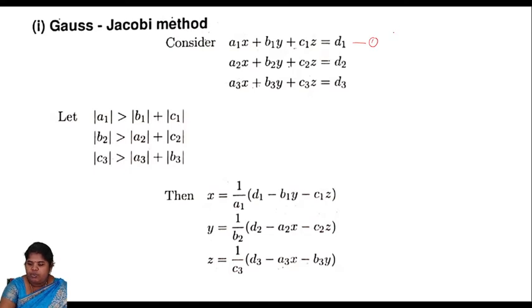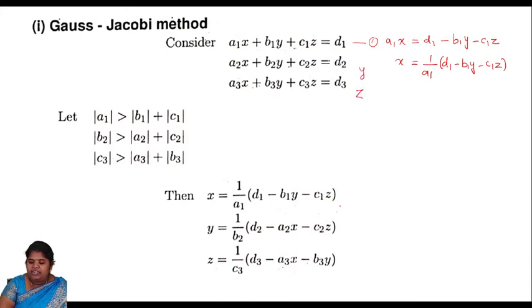From equation 1, we can write a1x = d1 - b1y - c1z, or x = 1/a1 times (d1 - b1y - c1z). Similarly, from equation 2 we can write y, and from equation 3 we can write z. So these are the values of x, y, z from the given set of equations. This is our first step.